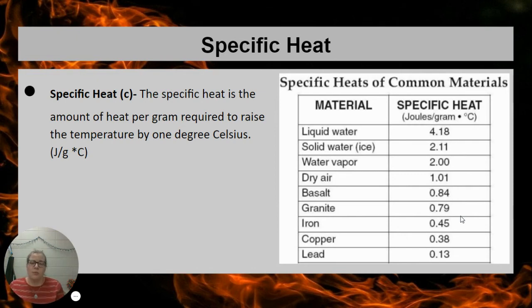So specific heat is going to tell us how quickly things heat up relative to one another. And water has a really high specific heat compared to most other things. We will get into specific heat in much more detail. You're going to hear me say that again and again, but we're going to talk about each of these things on their own. I just want to throw these terms at you to begin with.